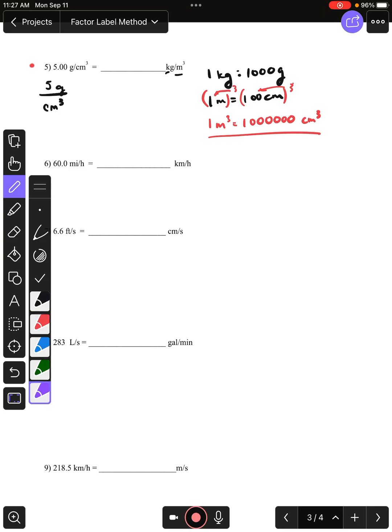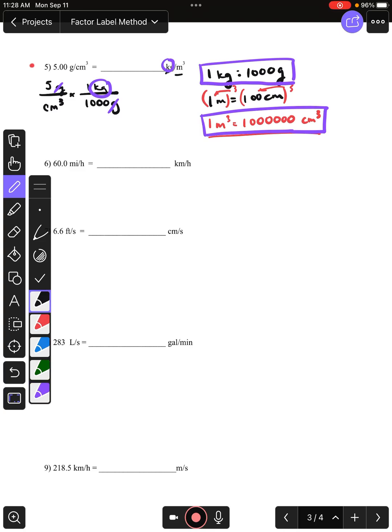So I only have 2 conversion factors, just to be very clear. It is this one and this one in purple. Okay, so I'm going to go ahead and write this out as for every 1 kilogram, I have 1,000 grams, and that takes care of my numerator. Boom, I'm done with that. So we're going to cancel those out, and I'm left with kilograms, and I desire kilograms.